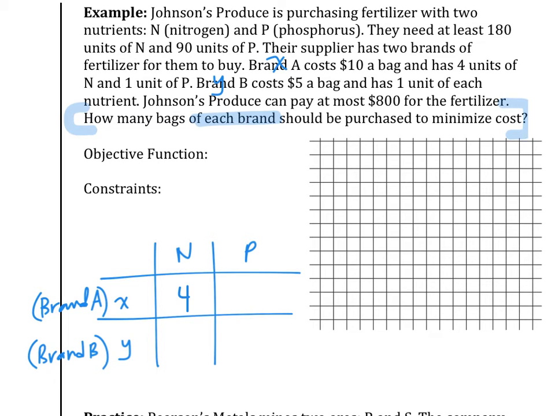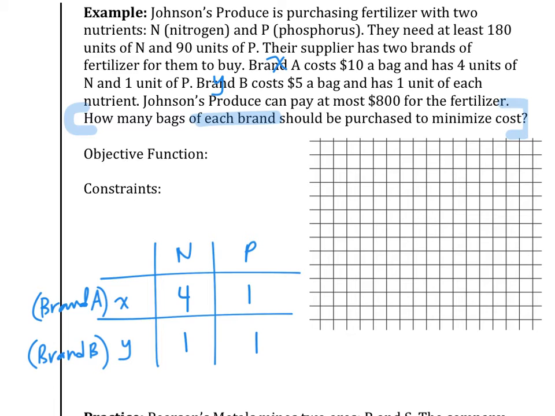So put 4 there. And if I buy one bag of brand A, how much phosphorus is in there? 1. Okay. If I buy one bag of brand B, how much nitrogen is there? 1. And then how much phosphorus? 1. Okay.